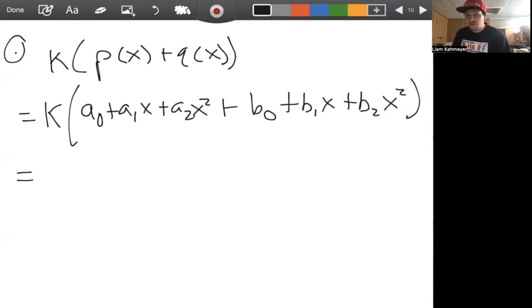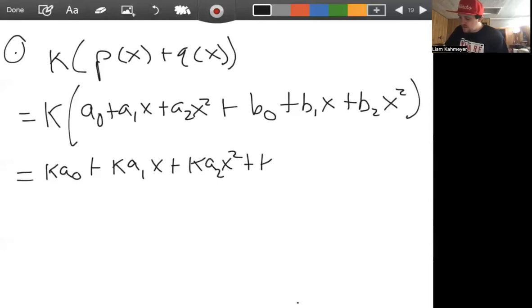We have the distributive property over the reals. So this is k a naught plus k a1x plus k a2x squared plus k b naught plus k b1x plus k b2x squared, right? Now, what are we trying to show?